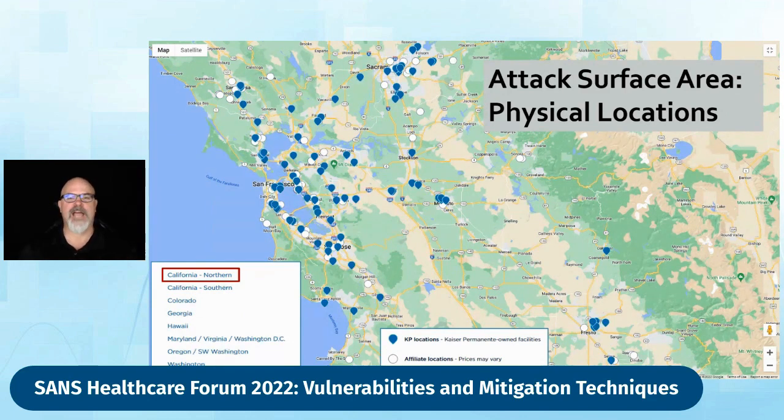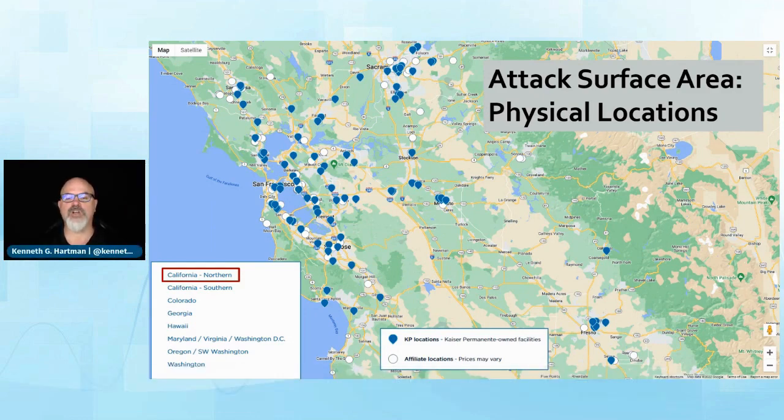So this slide here is showing Kaiser Permanente, but it's just showing their Northern California region. And you can see that they have a massive footprint. So we're talking about Kaiser Permanente on one extreme as a very large provider, but this goes all the way down to the smaller practices.